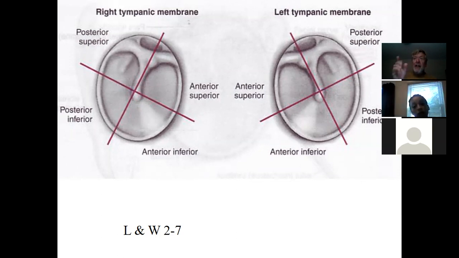The inner layer of skin is continuous with the lining of your middle ear space. And the middle layer is tough as nails. It's called the arachnoid layer. It's like a spider web. It's got these spokes. And that's what makes your eardrum very, very stiff.